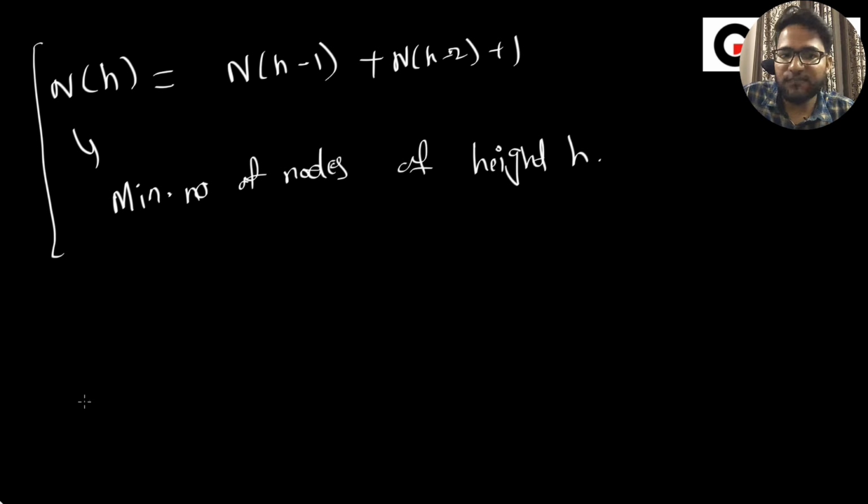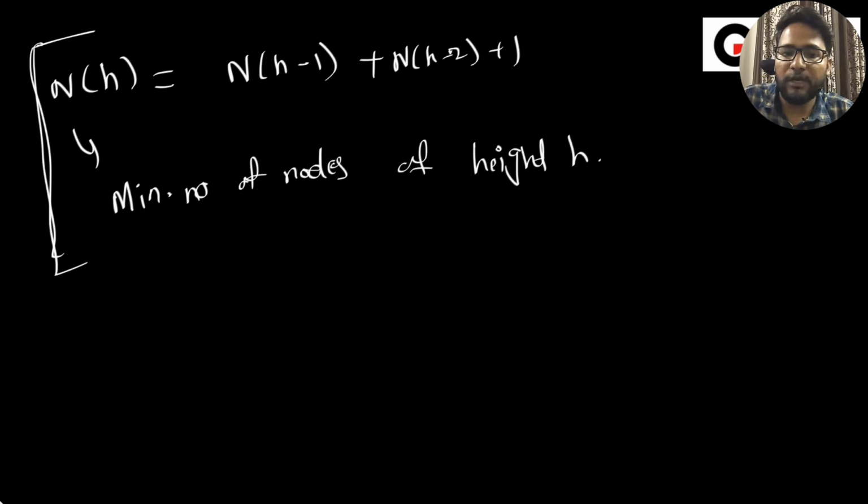Earlier I had this formula, which is nh equal to 2 into nh minus 1 plus 1, that was for the maximum number of nodes. Earlier, fortunately, I also had the closed form. I mean, closed form means I have the direct formula. Earlier, fortunately, I had the direct formula, but this time I am not having the direct formula. And this kind of recurrence is not easy to solve. I mean, exact is not easy to solve. So I will not be solving for the direct formula. So this is the recurrence on which we will be working.